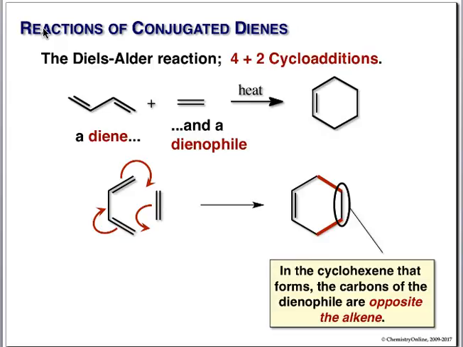What you do is you identify the 6-membered ring that you formed. You look for the double bond. The carbons of the dienophile are directly across the ring from the double bond. Simple way to look at a compound and work backwards. Any questions?